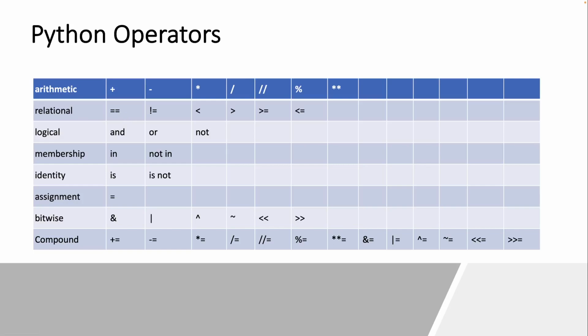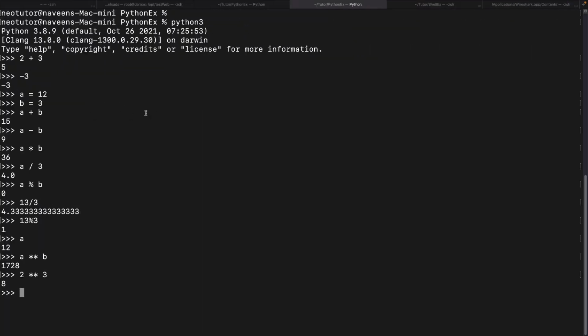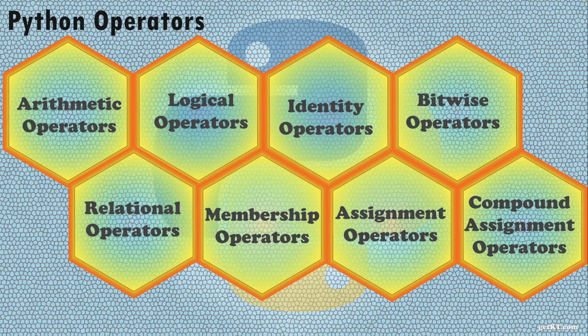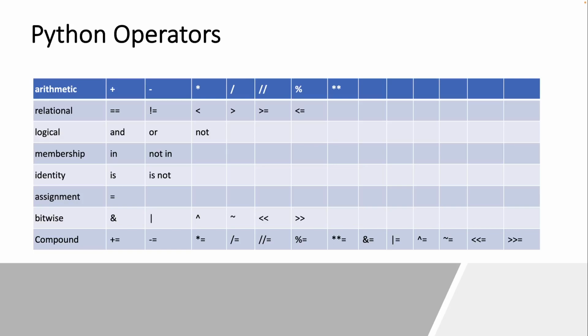These operators are used to check the condition. What else do we have? Assignment operators, x equal to 9. You are assigning some value to the variable x. Since equal to is already used for assignment, can you see here?